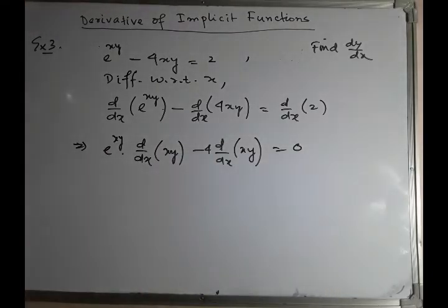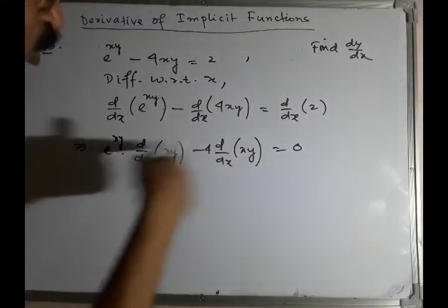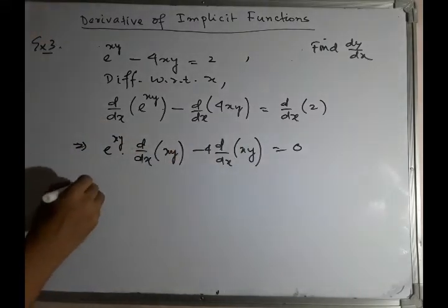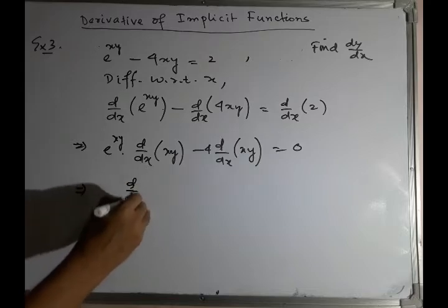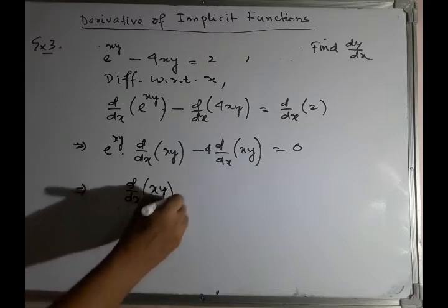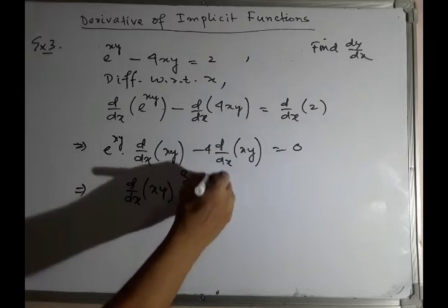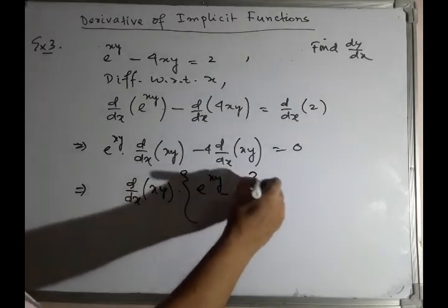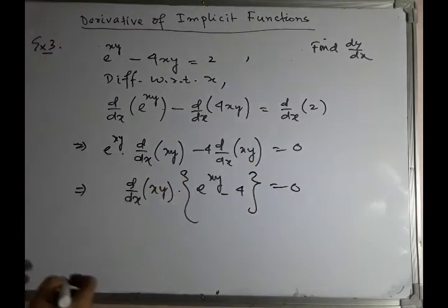equal to 0. So now from here we are finding d by dx of xy, which is common from both the terms. So d dx of xy we are taking out common, e to the power xy minus 4 equal to 0.